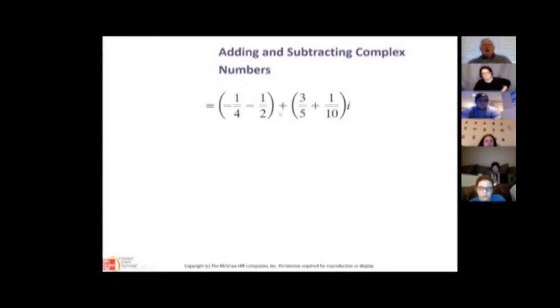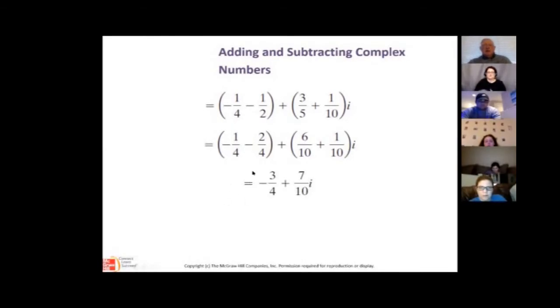So anyway, you've got to add these, and you've got to play the common denominator game here as well. So that's your common denominators. And then we end up with, out of the real numbers, -3/4, and out of the imaginaries, we end up with 7/10 i.